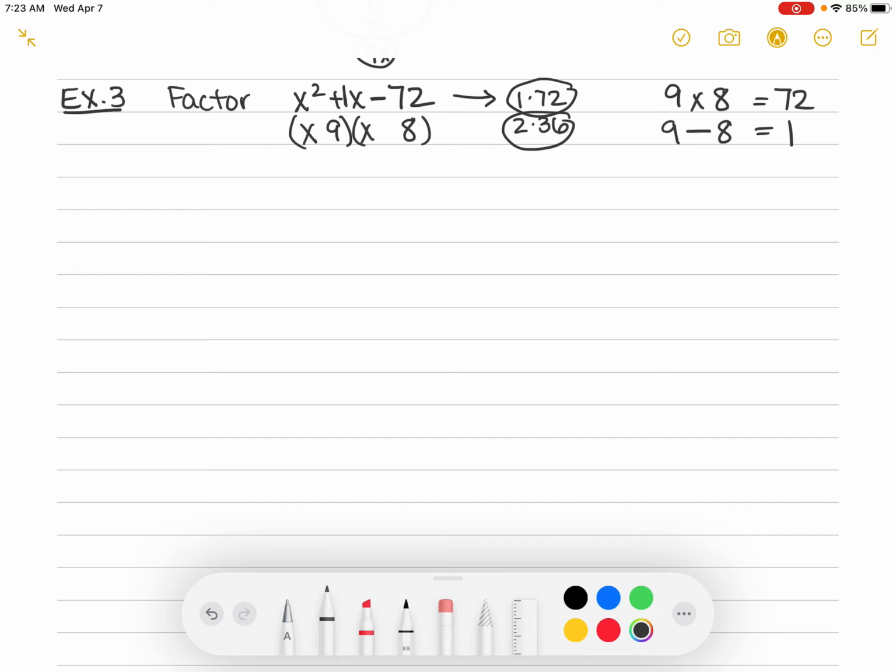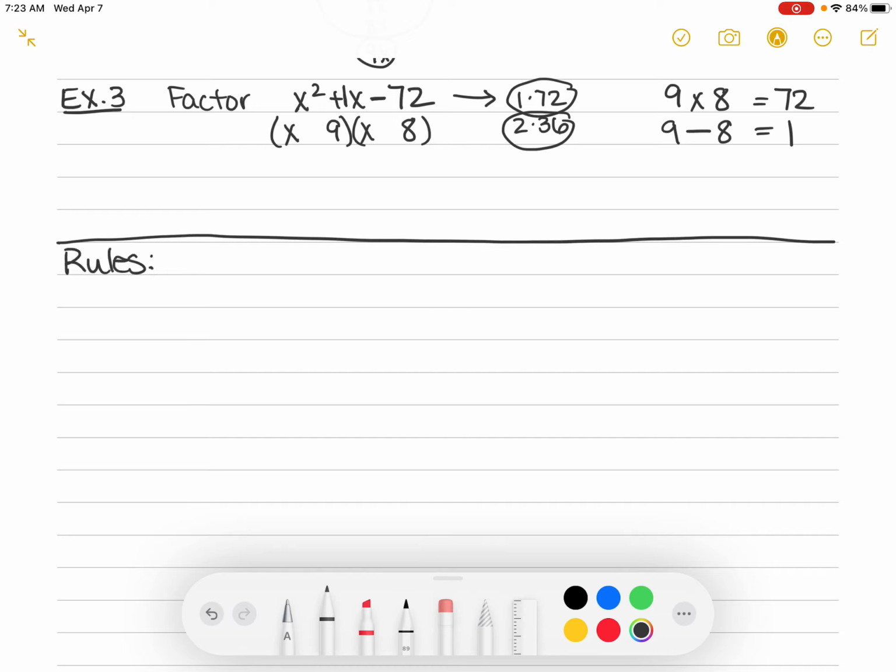I need to give myself a little bit more room right here. Now the next part is figuring out whether I put a plus or a minus in these. Let's write down some of these rules. If you have a plus plus, then you're going to have plus plus in your parentheses.